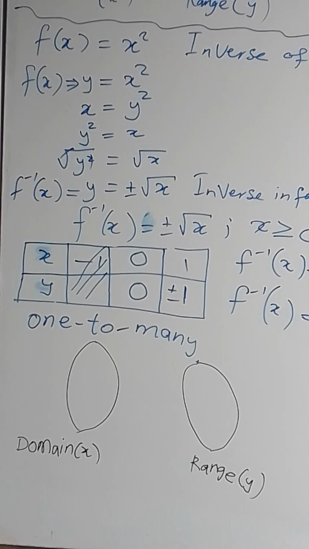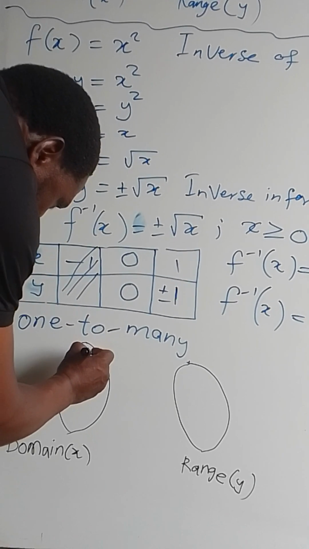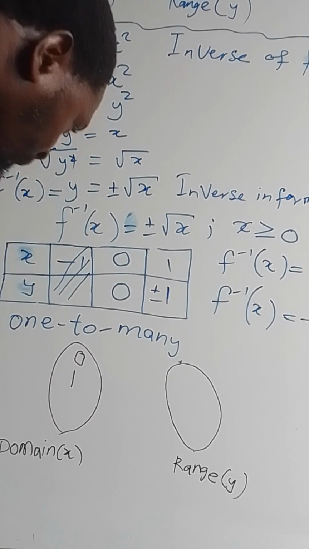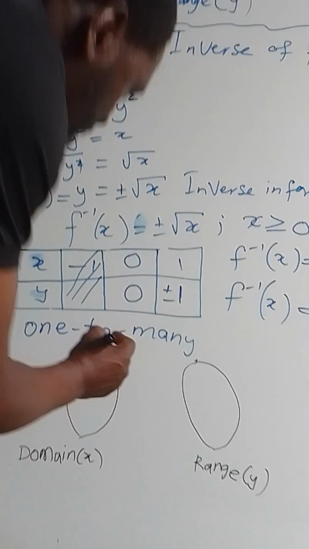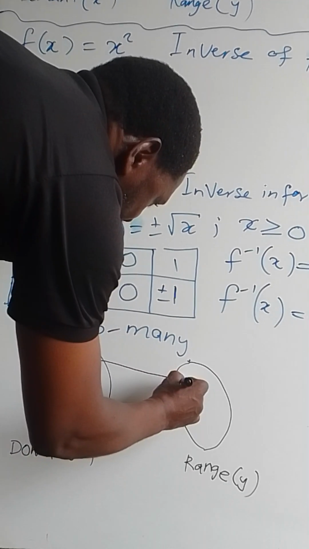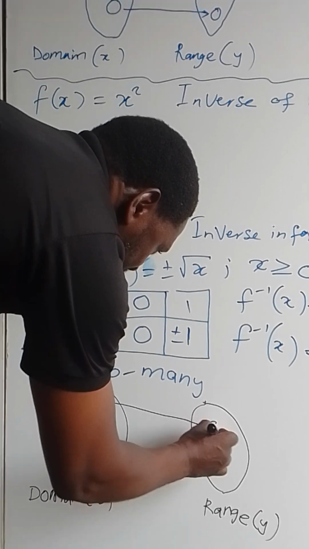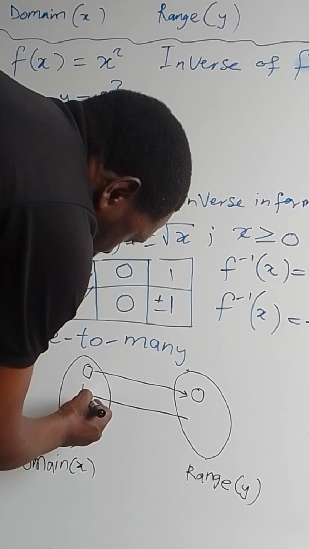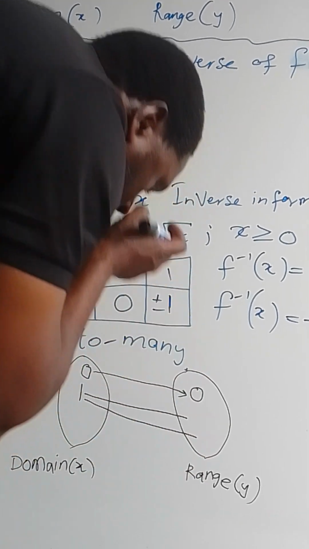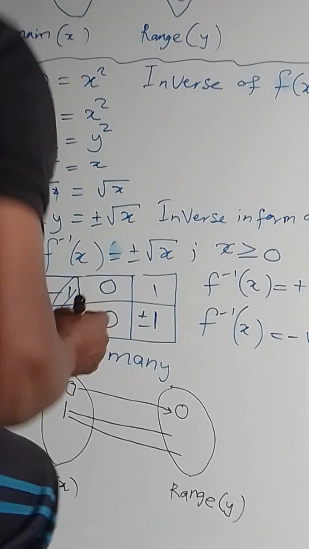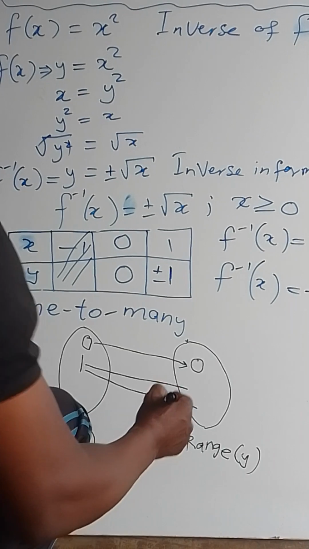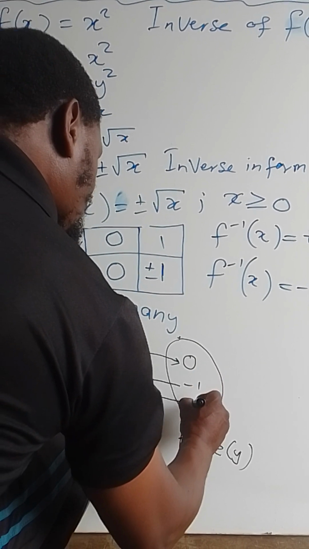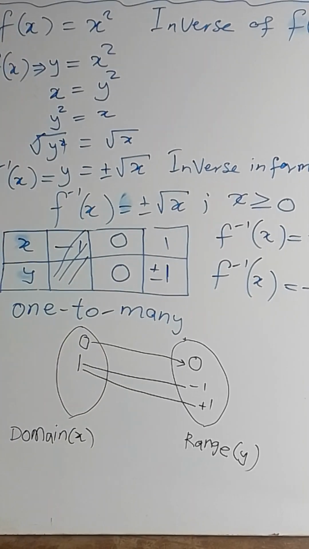Now we have 0 and 1. 0 maps with a 0 and 1 maps with minus 1 and plus 1.